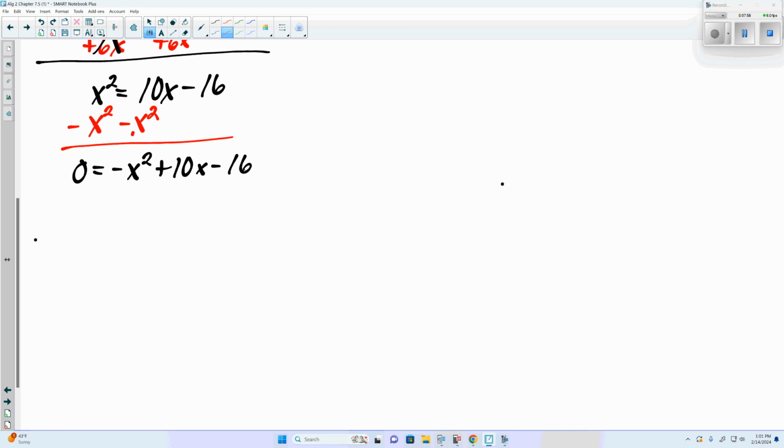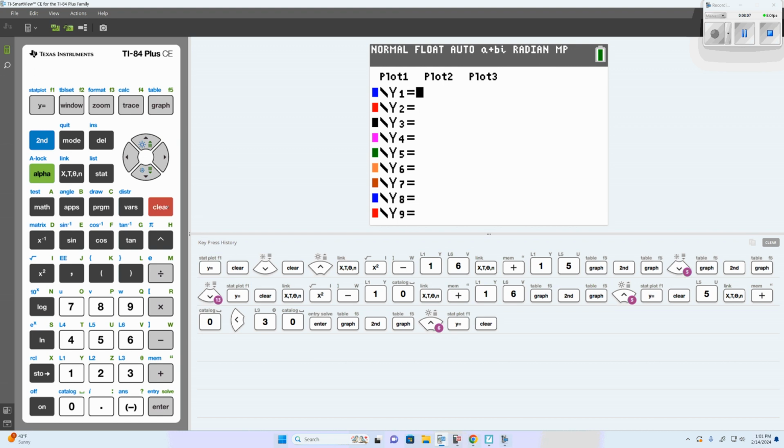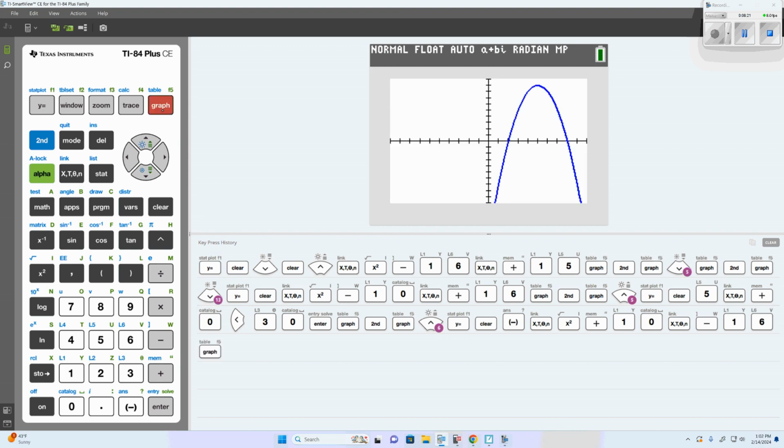Now at this point here, we can graph it, we can factor it, use the quadratic formula, we can do any of these methods. If we wanted to graph it, we can grab the graphing calculator and say negative x squared plus 10x minus 16, and hit graph. And we see that it crosses the x-axis in 2 points.